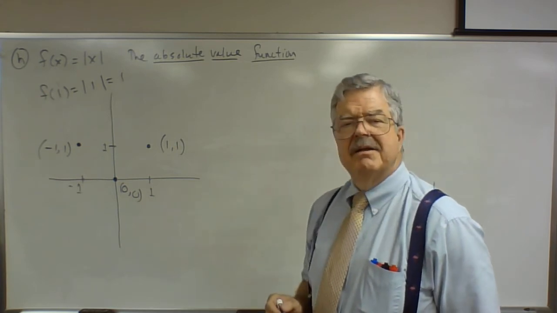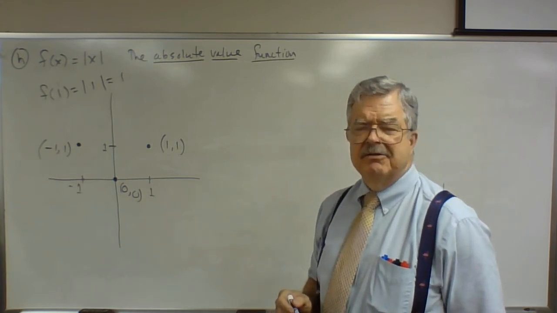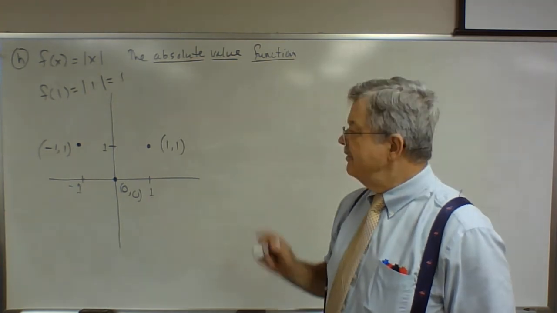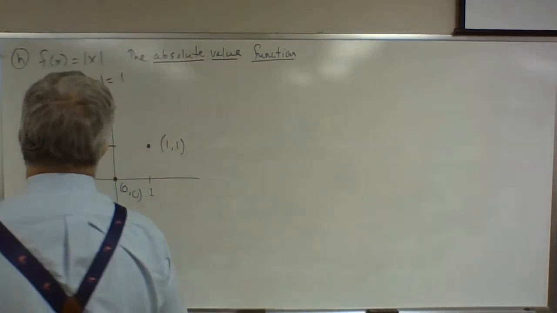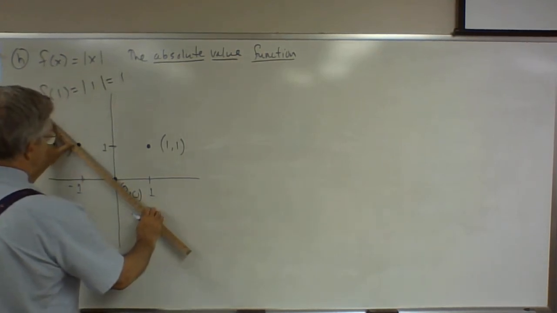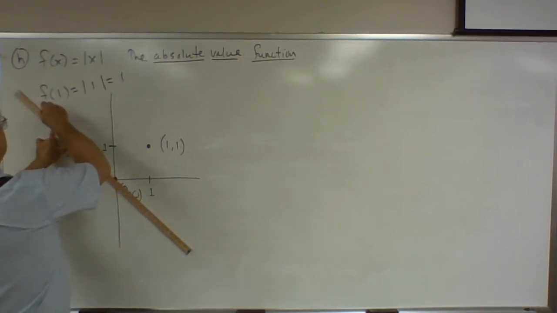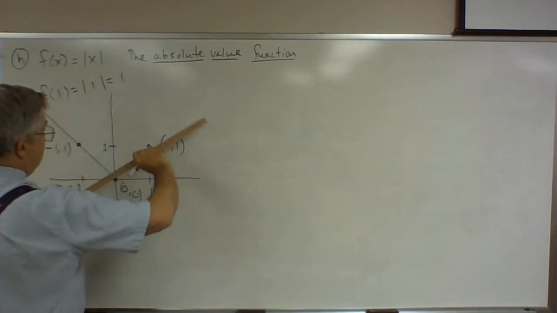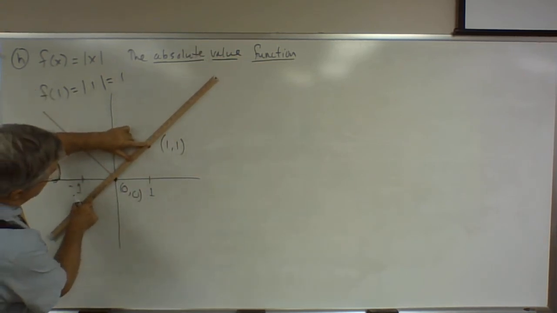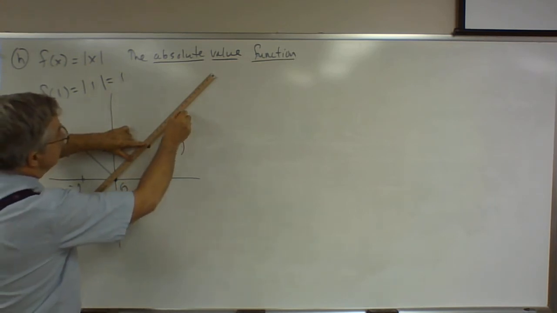And unlike the square function, this graph is made up of 2 straight lines. So we have a straight line to the left of the y-axis and a straight line to the right of the y-axis.